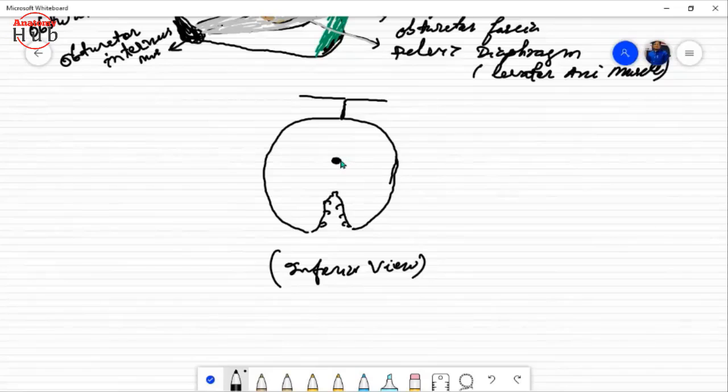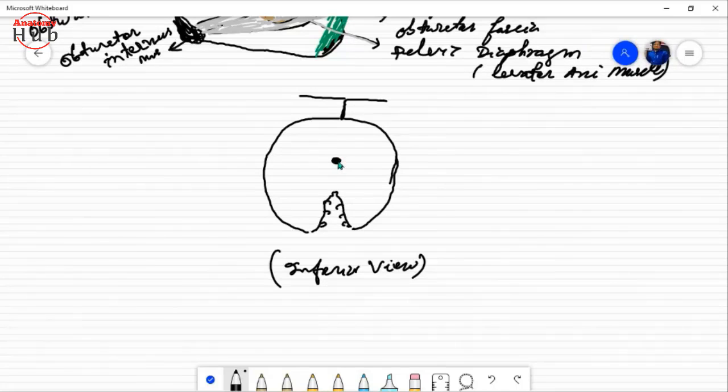So this perineal body is a fibromuscular mass of tissue that is present at the center of the perineum, or you can say at the center of the lower part of the pelvis, which gives attachment to many muscles and the fascia, and that gives the strengthening effect to the pelvic diaphragm, right?